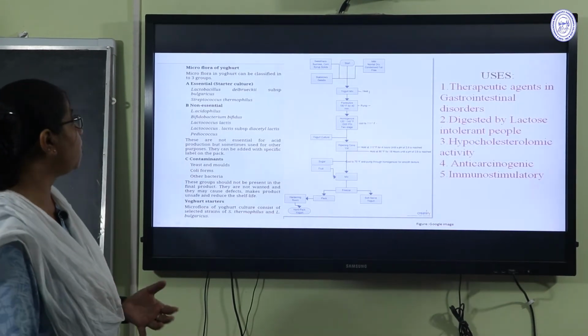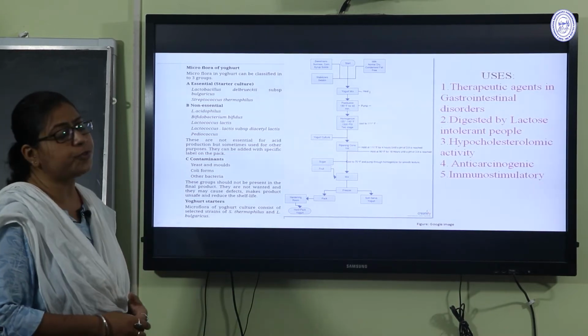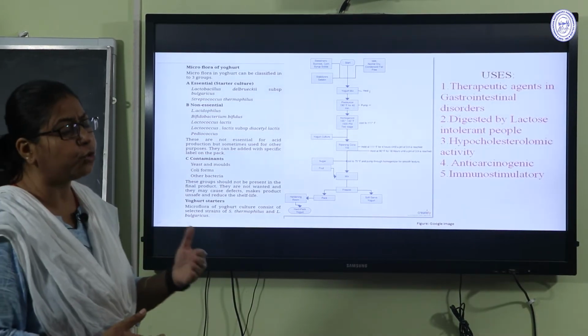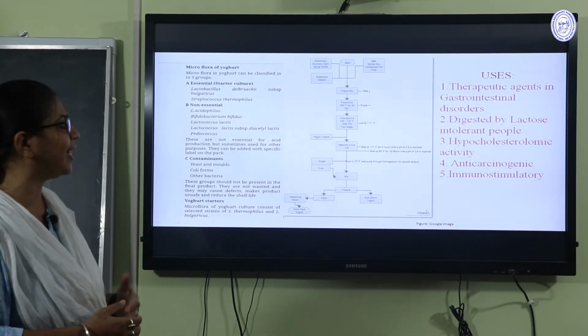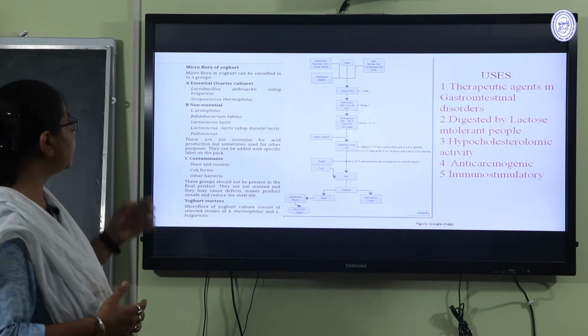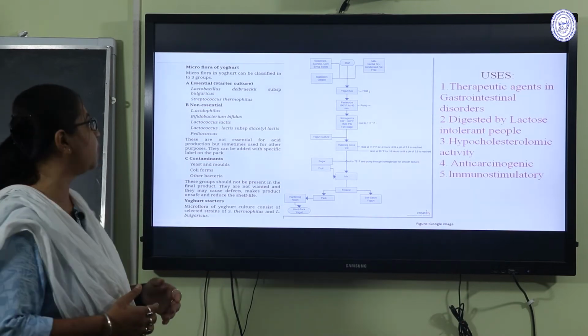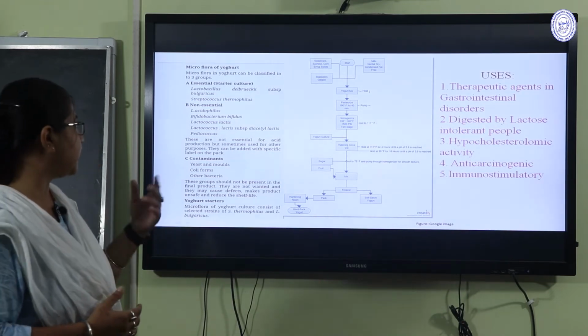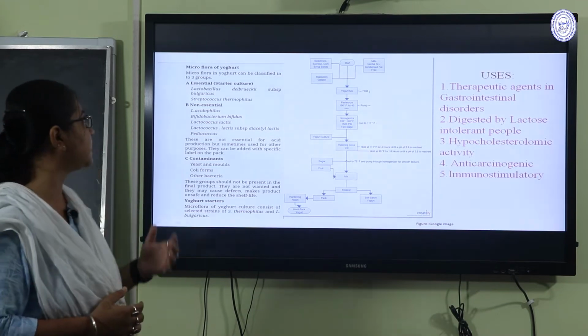Now, the microflora of yogurt. There are 3 groups of microflora which we group as essential, non-essential and some contaminants found in the preparation of yogurt. The essential or starter culture is Lactobacillus delbrueckii subspecies bulgaricus and Streptococcus thermophilus.